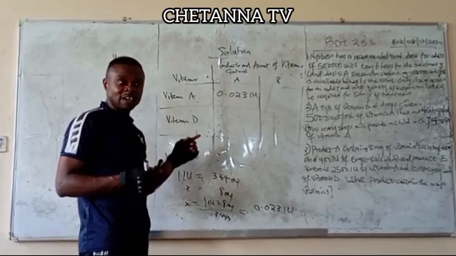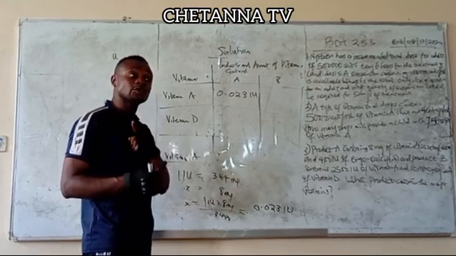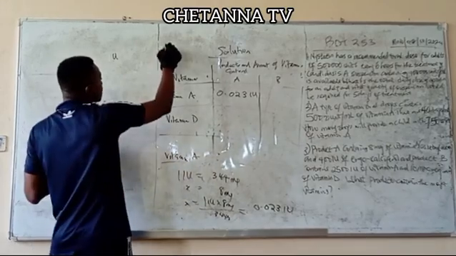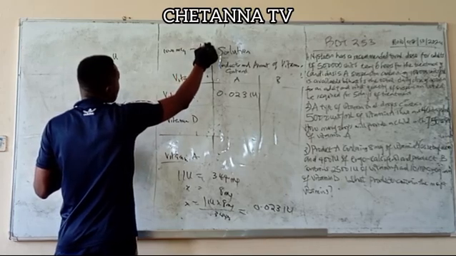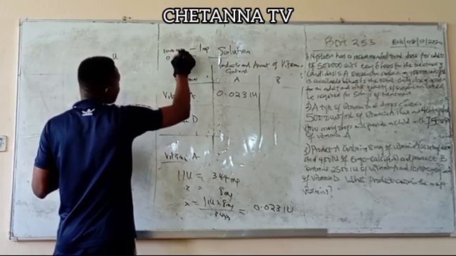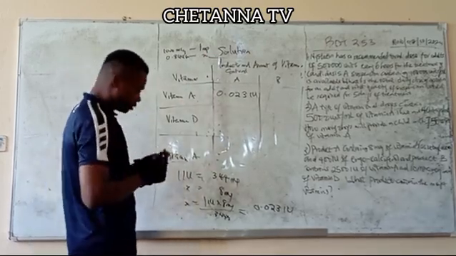I hope everybody is following. Yes. Good. We are moving from microgram to milligram. And 1,000 microgram is 1 milligram. Therefore, 0.344 microgram should be how many milligram? So we divide. Good.